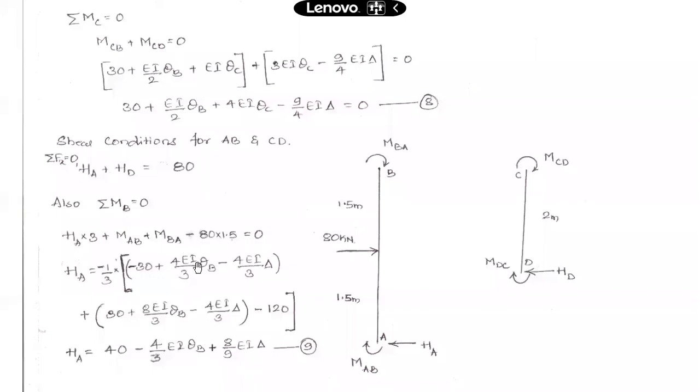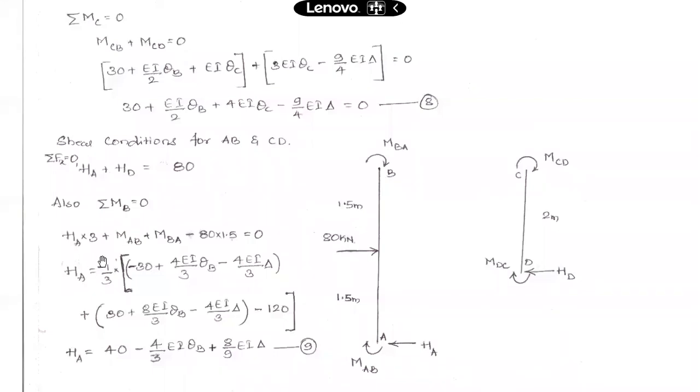Now, for MAB and MBA, the equations which we have written earlier, equation number 1 and equation number 2, will give you MAB and MBA. So when I substitute for them and rearrange these terms, I'll get an equation for HA.